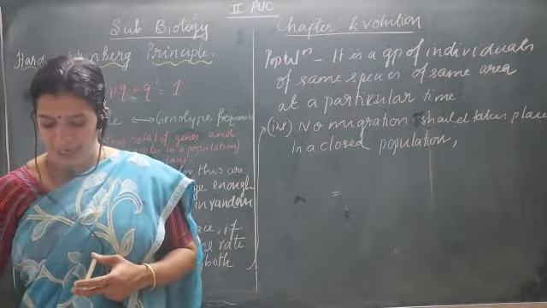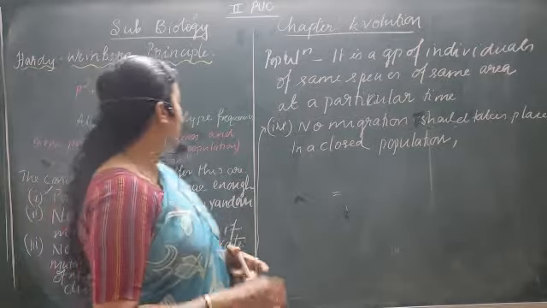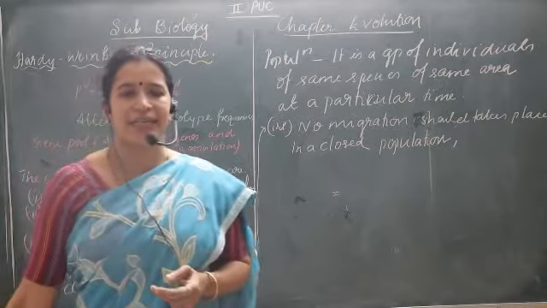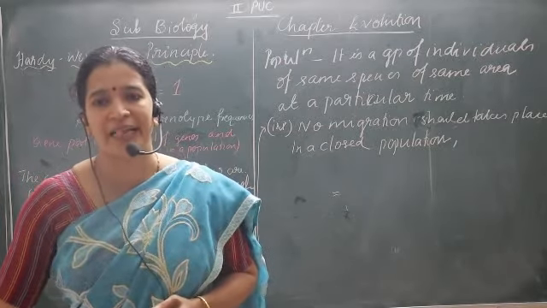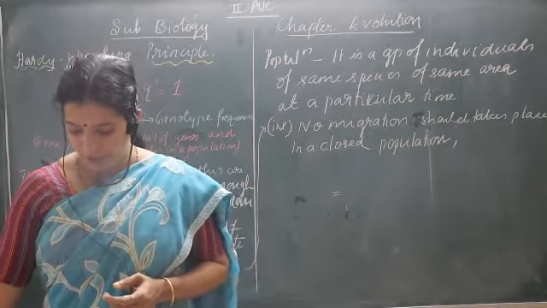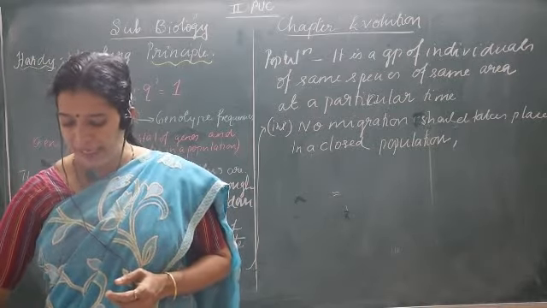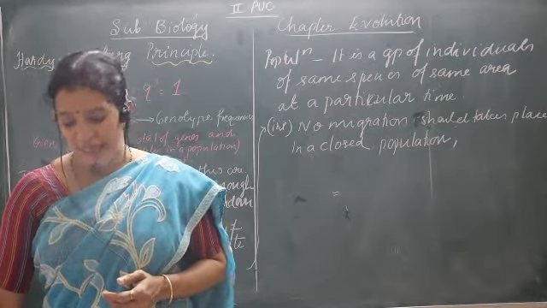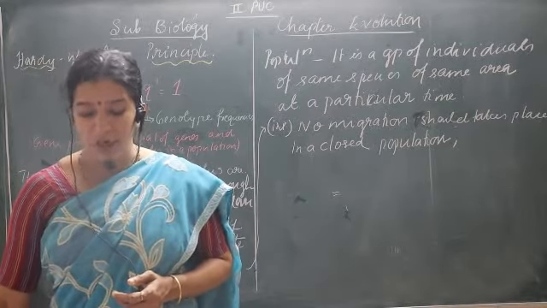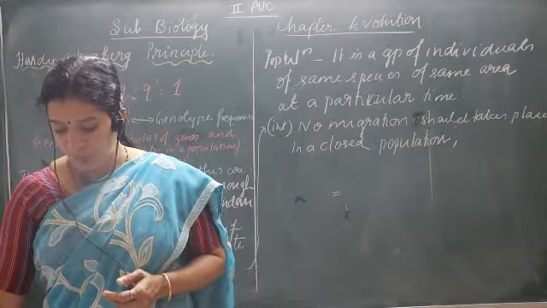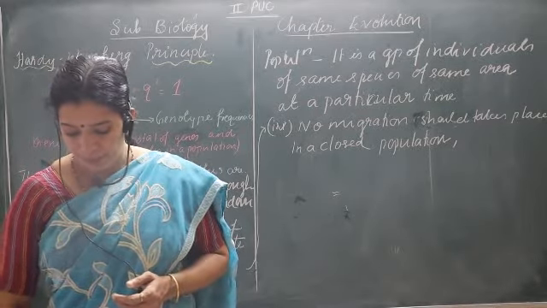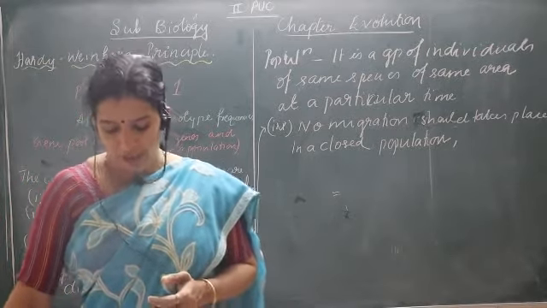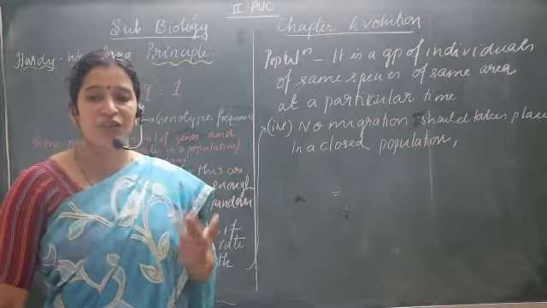Then we also understood that if this is not equal to 1, what does that indicate? It indicates that evolution has occurred. If there is any disturbance in this equilibrium, it indicates an evolutionary change. This equilibrium also helps to learn about the occurrence of evolutionary change.